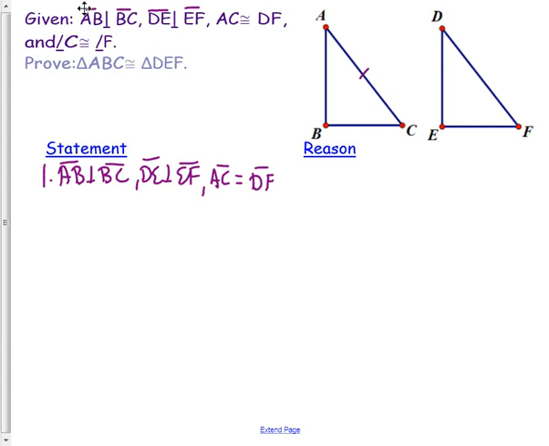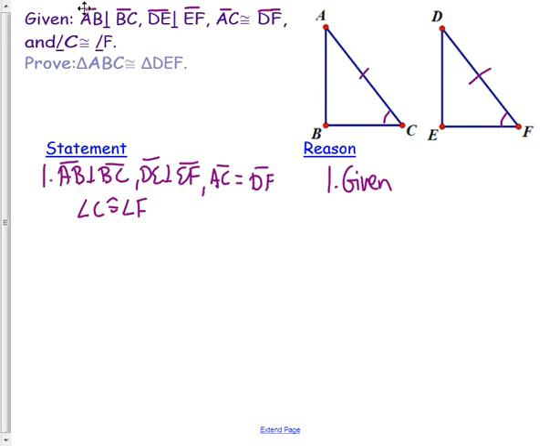So we've got AC is congruent to DF. And we also have that angle C is congruent to angle F.